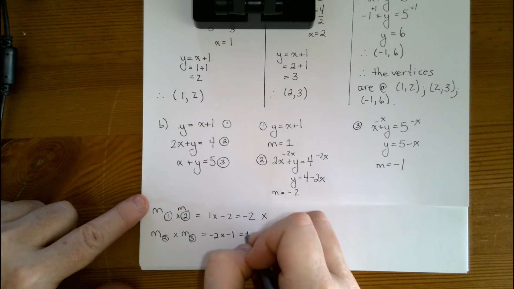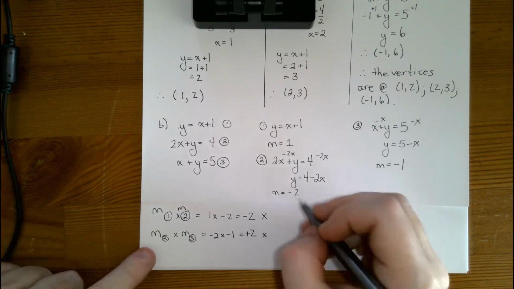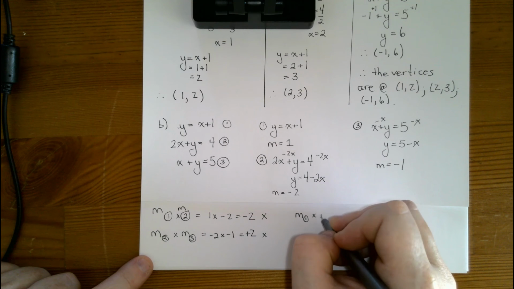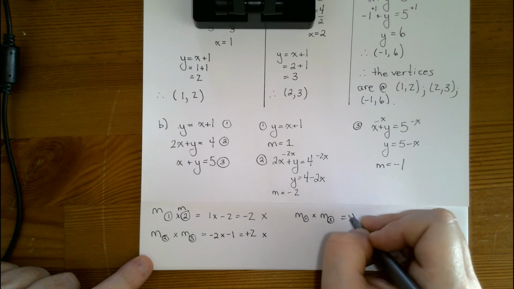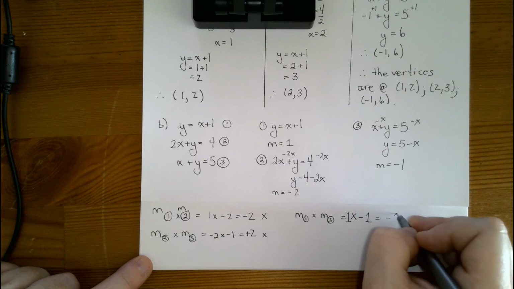That equals +2. So they're not at 90-degree angles. So lastly, I'm going to do the slope of 1 times the slope of 3. So that's 1 times -1, which equals -1.